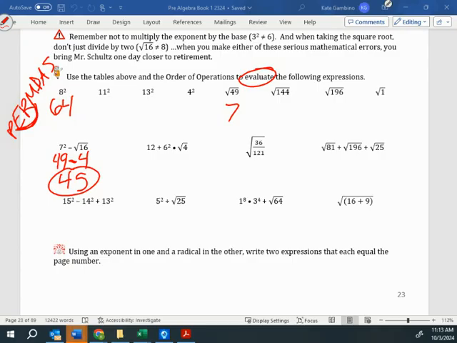Now, Eleanor pointed out that we have a tricky one. It's not just squaring. We have different exponents going to different powers. What I was showing us up above with 2 to the 4th power is 2 times 2 times 2 times 2. We look down here, we have 3 to the 4th power. What is the math that I'm going to do to figure out what 3 to the 4th power is?